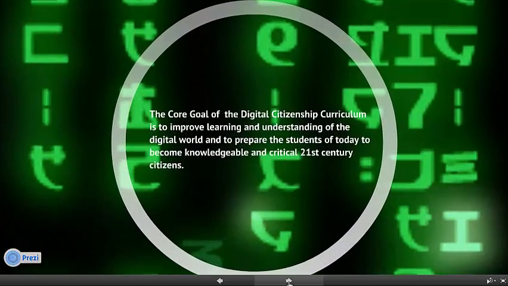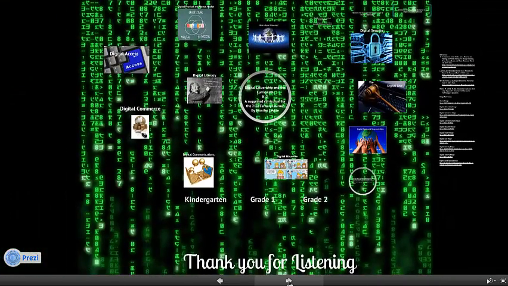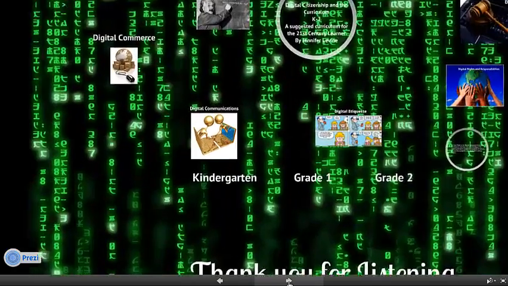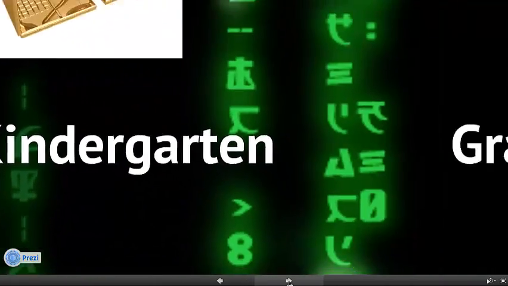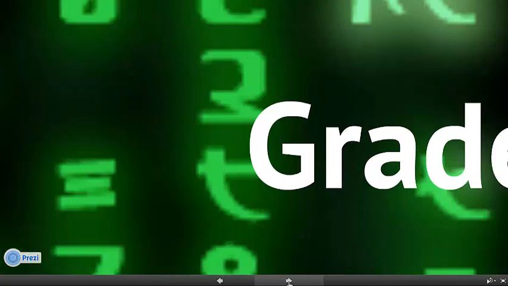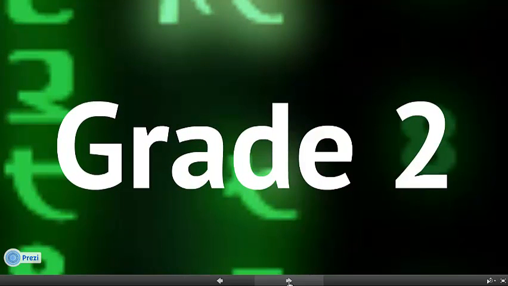So the core goal of the digital citizen curriculum that I created was to improve learning and understanding of the digital world and to prepare the students of today to become knowledgeable and critical 21st century citizens of tomorrow. Basically, it incorporates all of these suggested foundational points and includes them in both kindergarten, grade 1, and grade 2. Now, that isn't to say that I've only done kindergarten, grade 1, and grade 2.